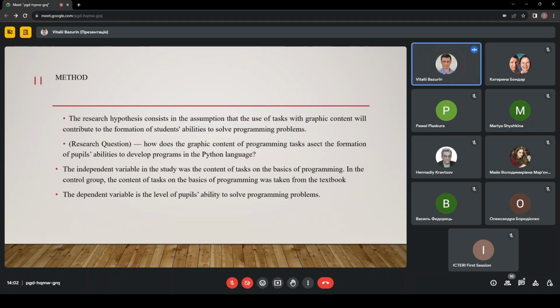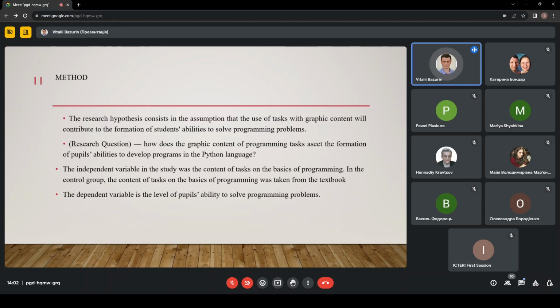The research hypothesis consists in the assumption that the use of tasks with graphic content will contribute to the formation of students' abilities to solve programming problems. In the process of research, the following question was answered. How does the graphic content of programming tasks affect the formation of pupils' ability to develop programs in the Python language?